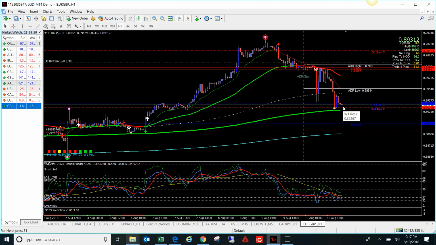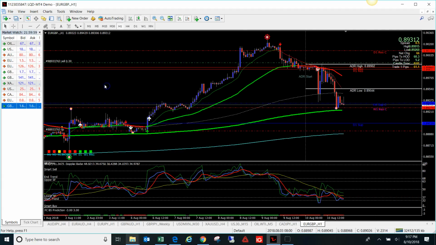I do recommend reading the Forecaster Pro Strategy PDF file that comes with the download package. It does go into more details about the strategy. But I just want to give you guys an overview of the system and the strategy to show you how simple this is. It's very simple.